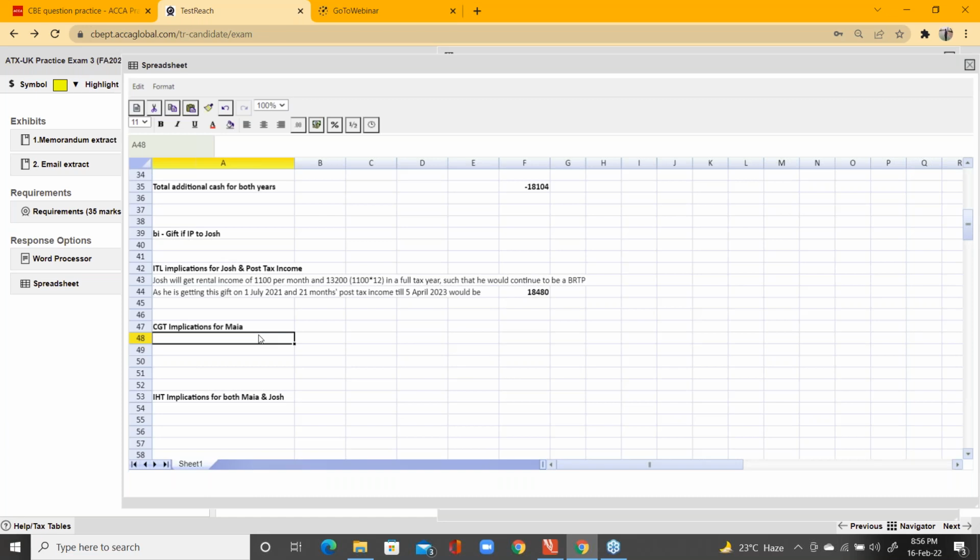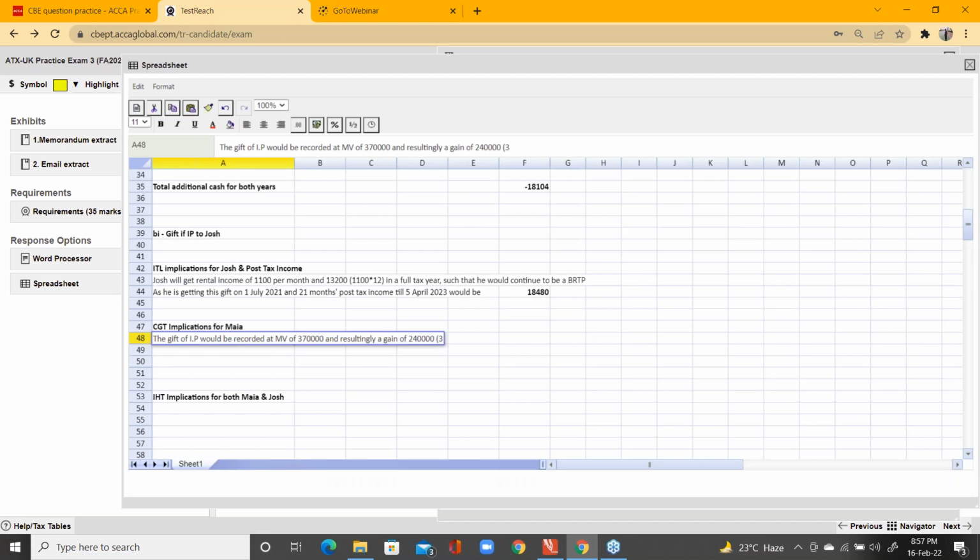Now, the gift. As we are talking about the gift of investment property and CGT implications for Maya, the gift of investment property would be recorded at the market value of 370, and resultingly a gain of 240,000 would be calculated.